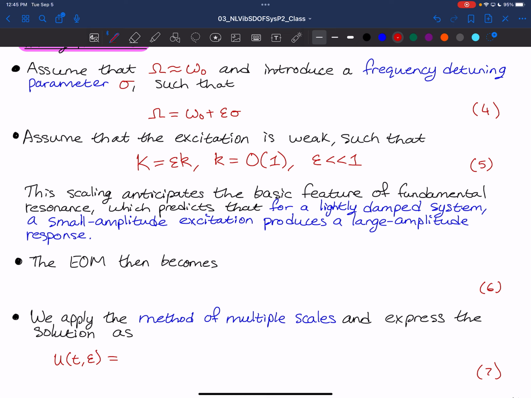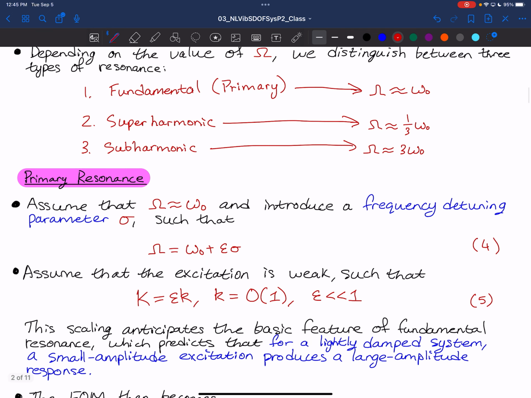So we're inherently building that into this assumption. When we go to do the other 2 types of resonance, we will then make an assumption about strong excitation. We'll remove this weak excitation assertion and then study what happens under strong excitation.